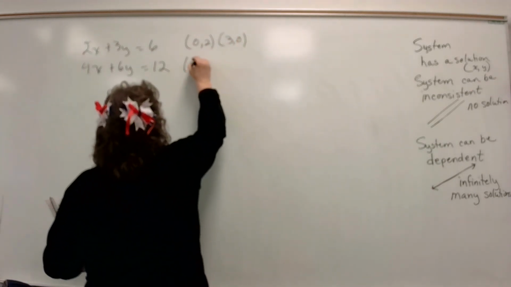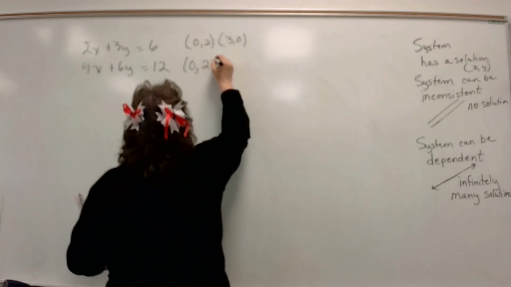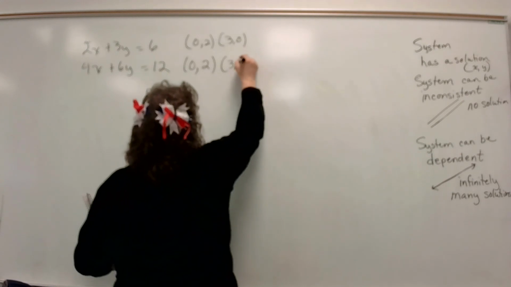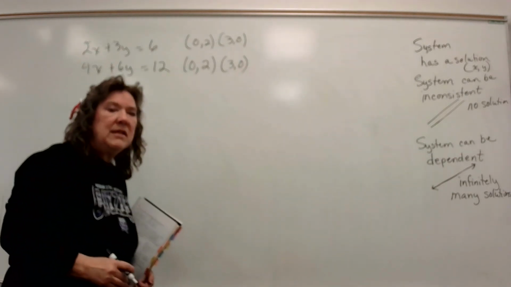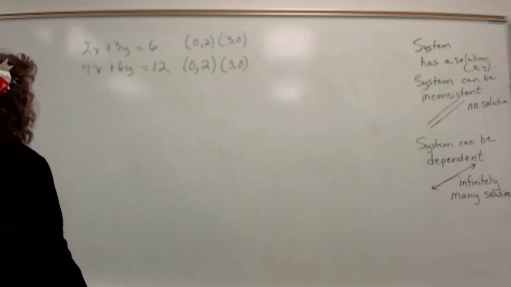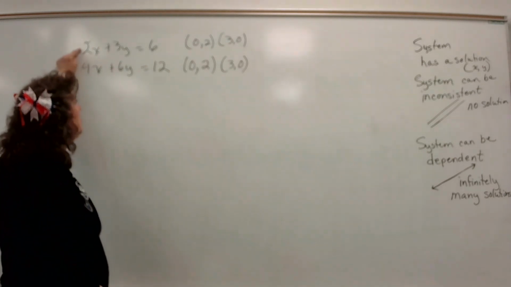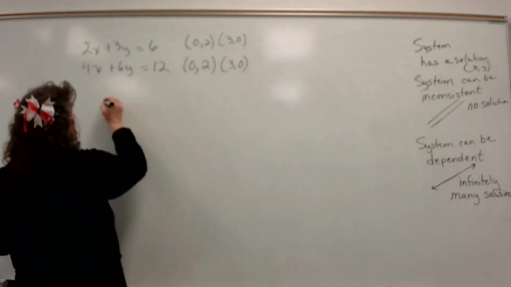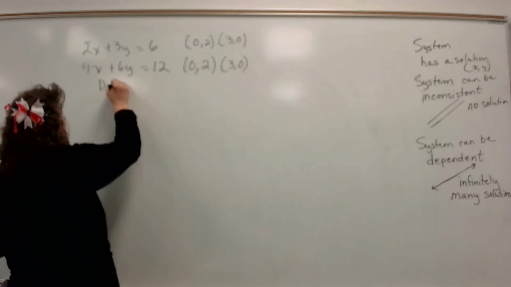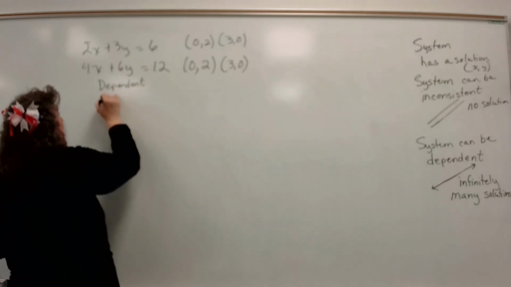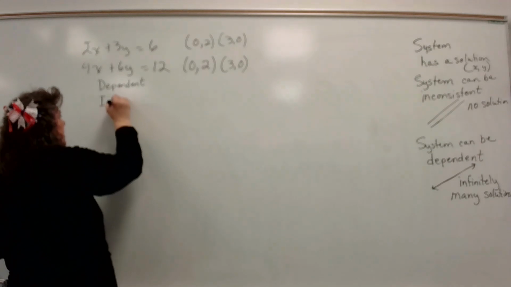On the second ordered pair, you'd also have (0, 2) and (3, 0). These two equations are exactly the same. What happened? I simply multiplied my first equation by 2, and that means this system is a dependent system. The two equations are on top of each other, and it's infinitely many solutions.